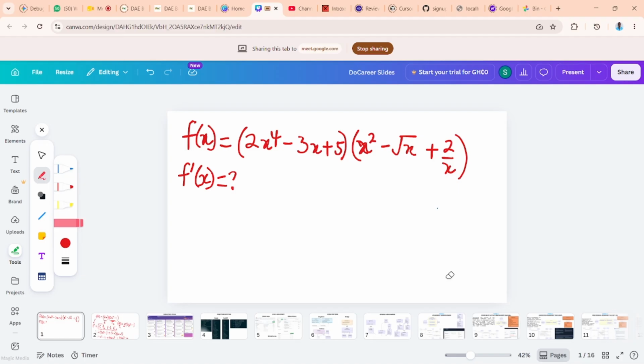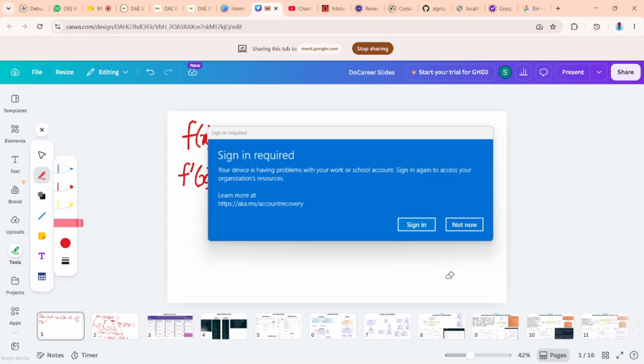You have 8x cube minus 3 in one bracket, multiplying x squared minus x to the half plus 2 over x, then plus 2x minus half x raised to the power negative half minus 2x raised to the power negative 2, multiplying 2x raised to the power 4 minus 3x plus 5. Yeah, that's correct.